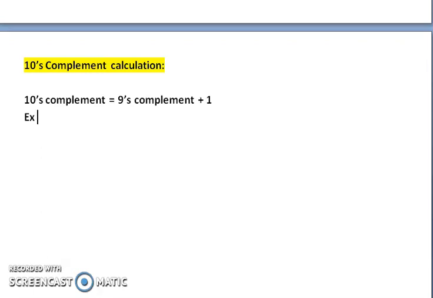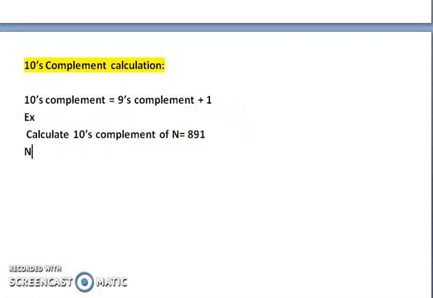What is the 10's complement value of, for example, 891? Calculate the 10's complement of n equal to 891.